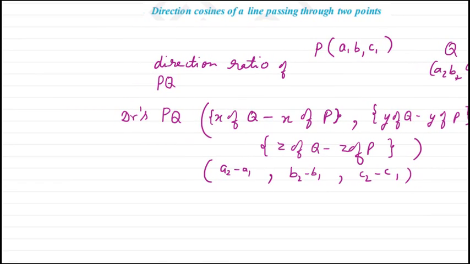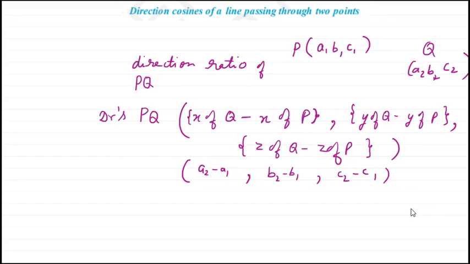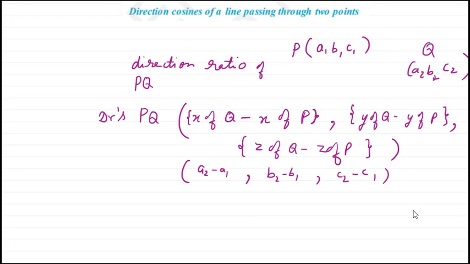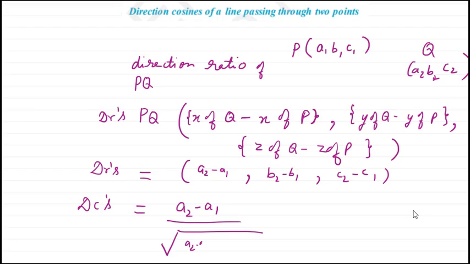Whenever you have the DRs, you can easily find the DCs as well. So DCs will be easy. These are the DRs, and DCs you know how to find out. For the DCs, it will be A2 minus A1 divided by root over A2 minus A1 whole square plus B2 minus B1 whole square plus C2 minus C1 whole square.